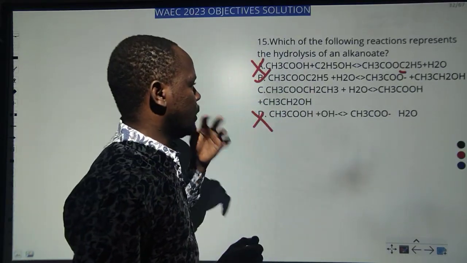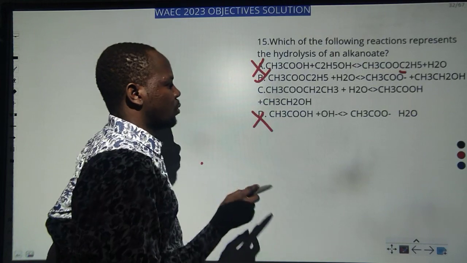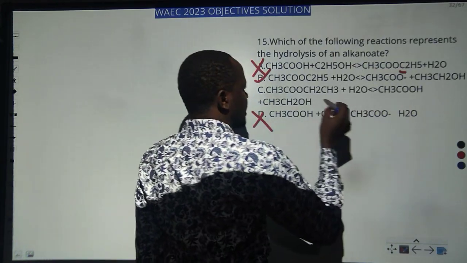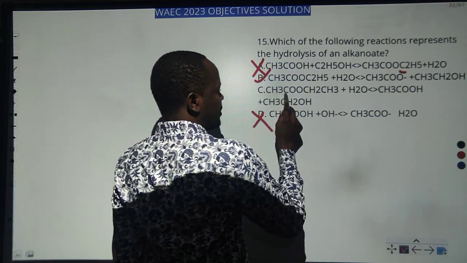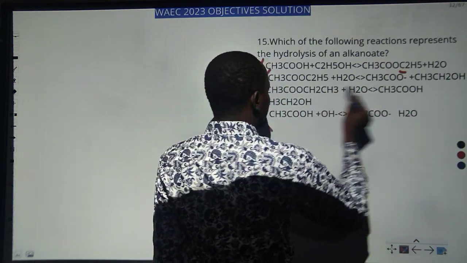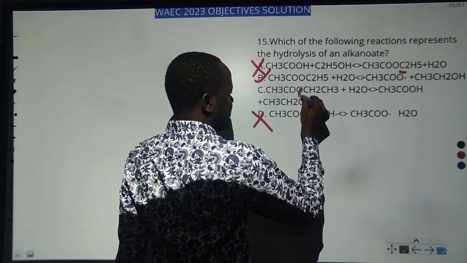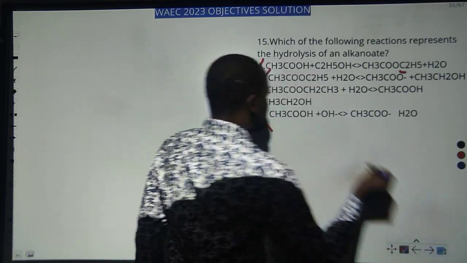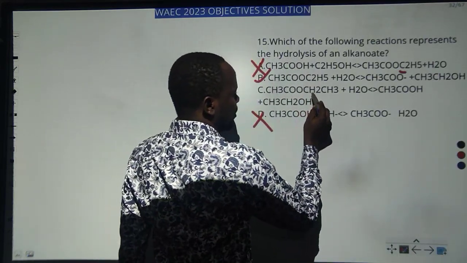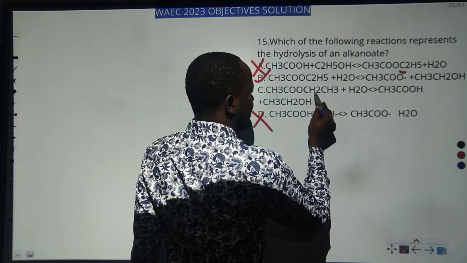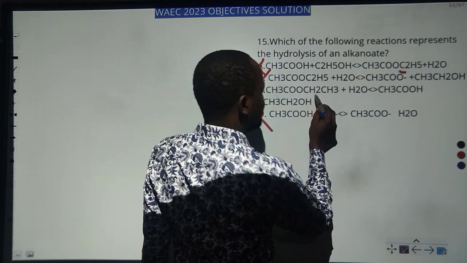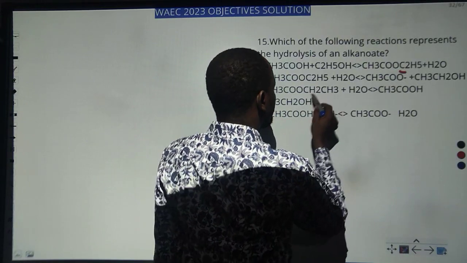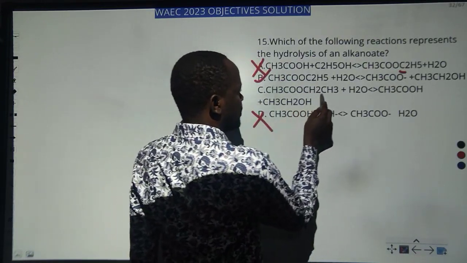Now check the next one. We see that it is not balanced. This one was hydrolyzed. Let's check. CH3COO, then we've taken CH3COO. I just want you guys to focus. Taken away. So another H has been taken away here. So we are left with CH2CH3. So where is the H coming from?